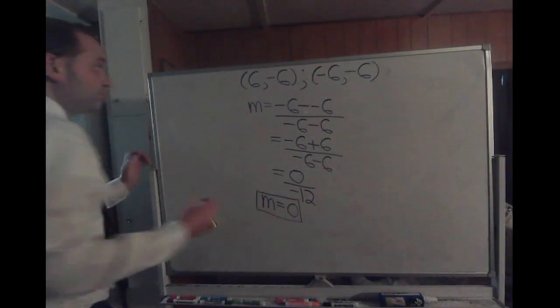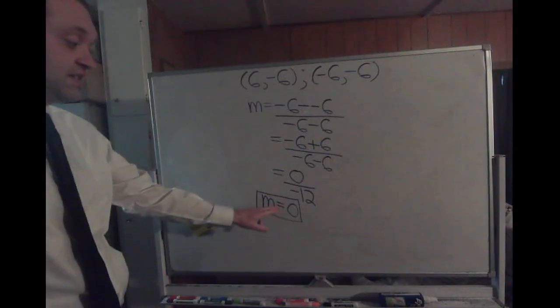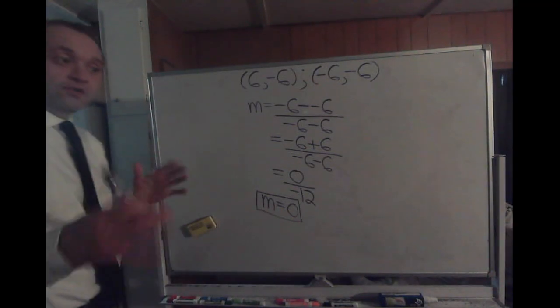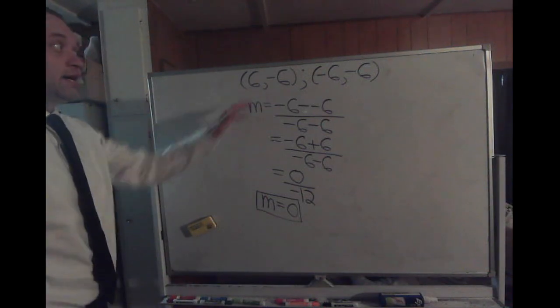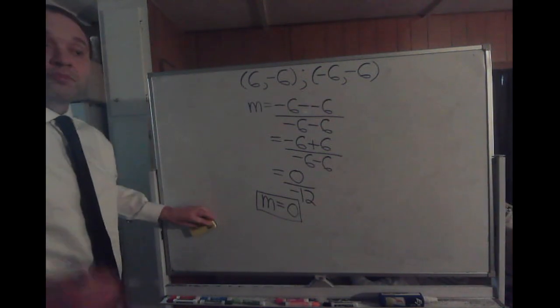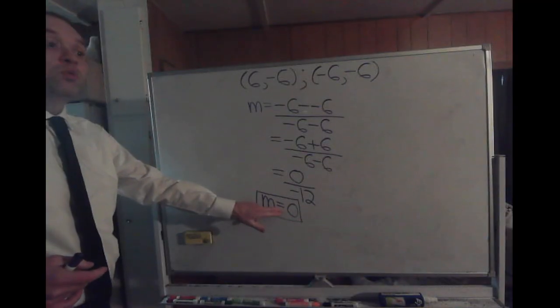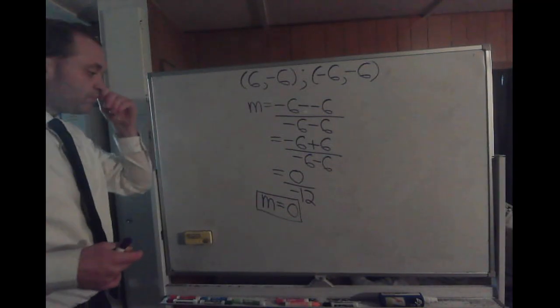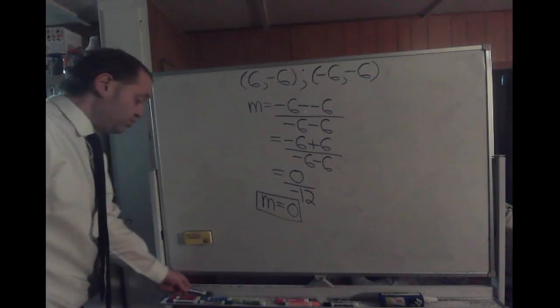So the slope between (6, -6) and (-6, -6) is 0. What does a 0 slope look like? It's going to be a horizontal line going through those 2 points. If you remember HOY: horizontal line, 0 slope, y equals. So you would have a horizontal line going through those 2 points.